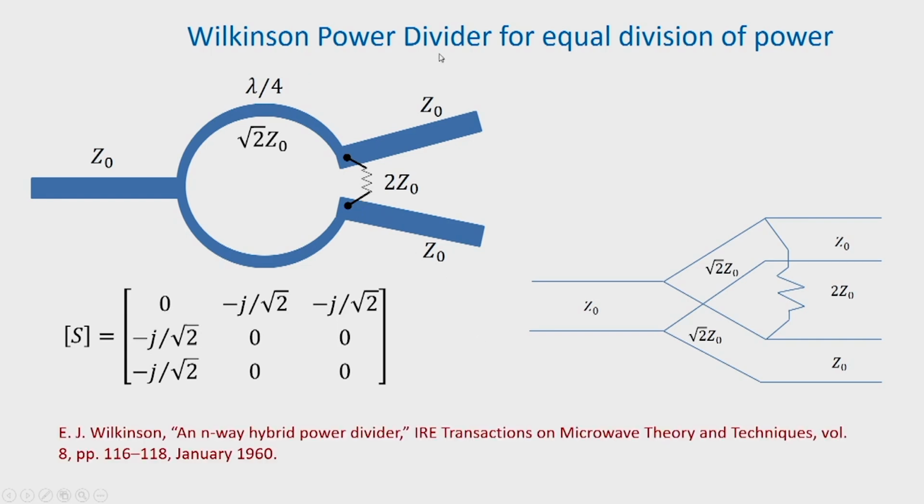The Wilkinson power divider is in the name of E.J. Wilkinson, and he introduced an N-way hybrid power divider in 1960 in the IRE Transactions on Microwave Theory and Techniques.